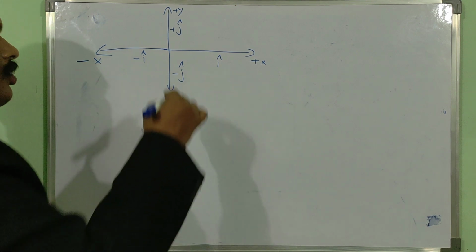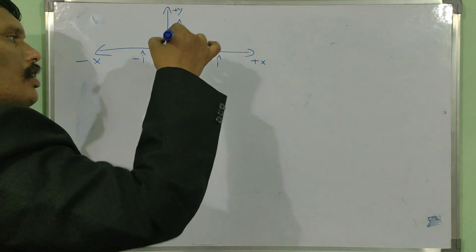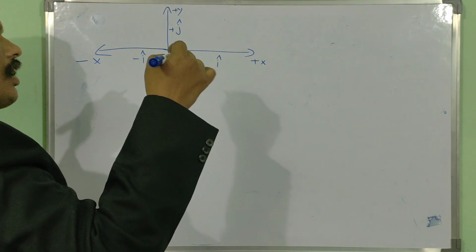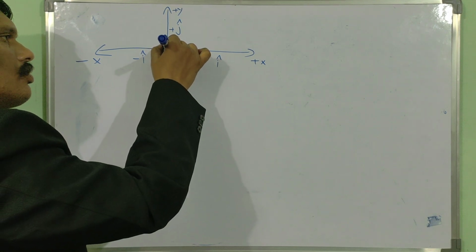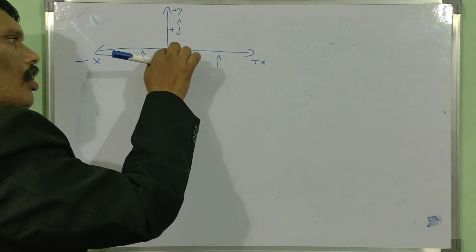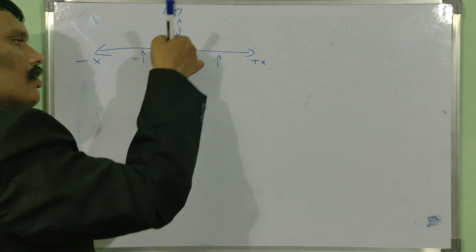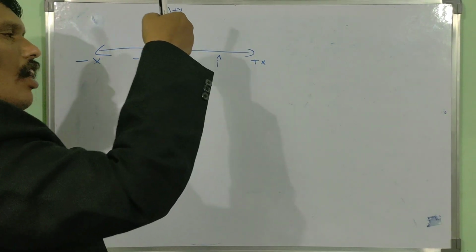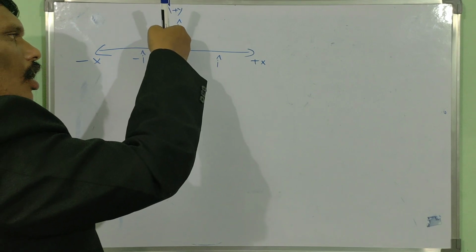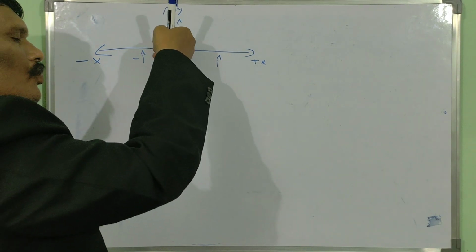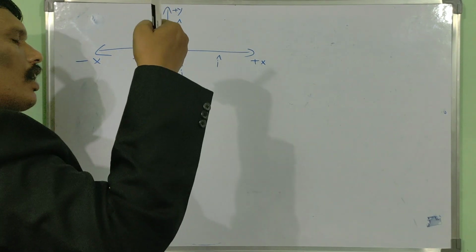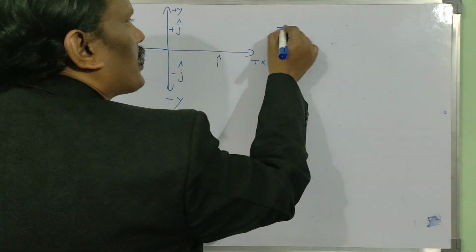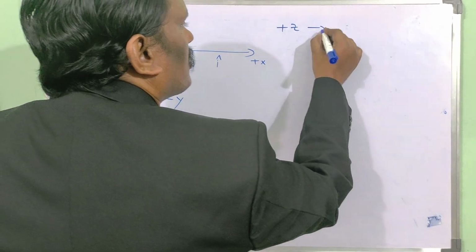Similarly, I am going to consider the z-axis. It is not possible to draw the z-axis into the space, so I am going to consider this as the z-axis now. From the origin, the outward normal or outward line, we call the positive z-axis.